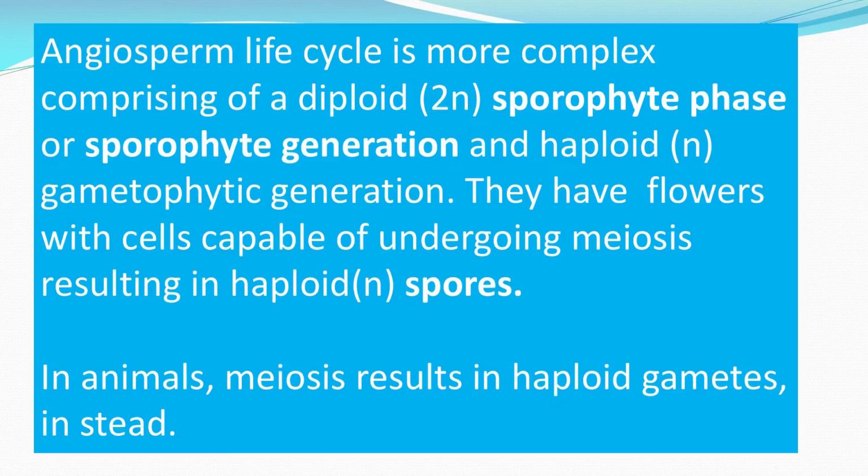Then during the course of development, the sperms and eggs present on the gametophytes fuse forming the zygote, and subsequently they give rise to the seed and a new plant, thereby completing the life cycle of angiosperms. So, angiosperms have two important phases, the sporophytic phase and the gametophytic phase. The sporophytic phase is diploid and the gametophytic phase is haploid.